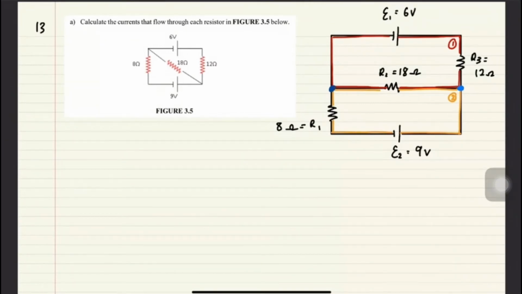And then the next step is that you have to determine the direction of loop. Okay, loop direction dulu. Loop direction ni, if you want to determine, biasanya saya akan ikut EMF. Okay, so you have 2 EMF, epsilon 1 and epsilon 2. So between epsilon 1 and epsilon 2, which one is bigger? Nilai apa yang lagi besar?